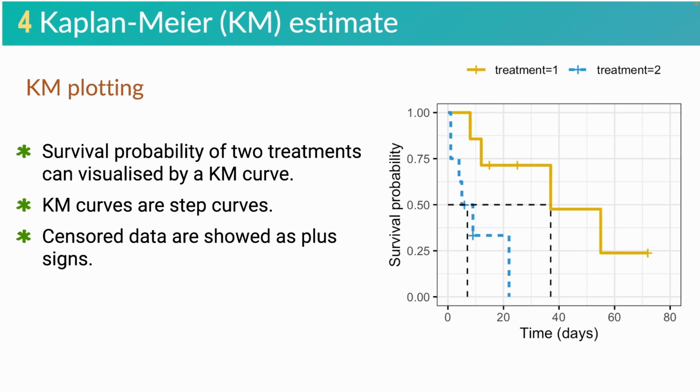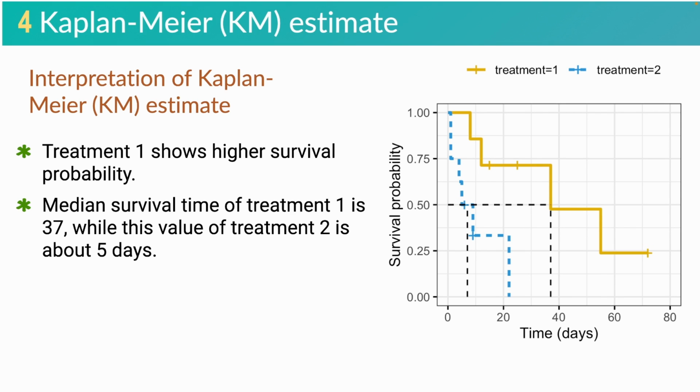The KM curve can be drawn using statistical software such as R, Python, or SPSS. These graphs are step curves, and you can also see the censored data as plus signs. It can be seen that probabilities at censored time points are similar to the probability of the previous event. For example, this is the previous event of these 2 censored data.